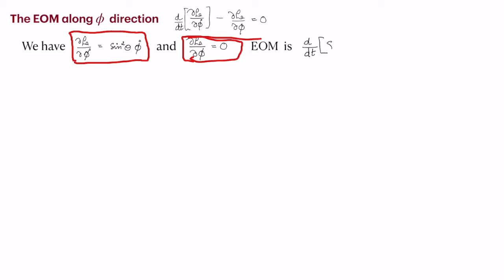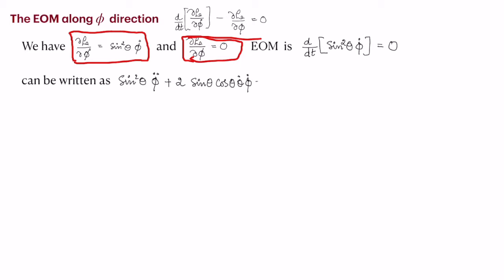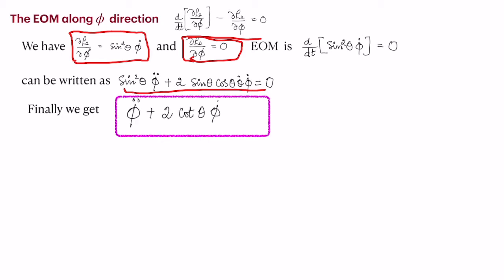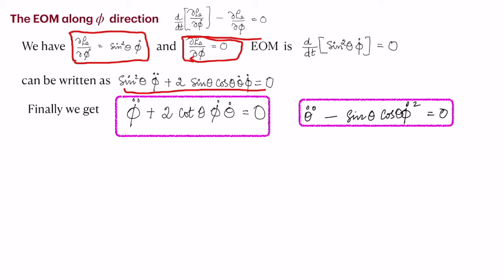So the equation of motion is d by dt of sine square theta phi dot is equal to 0, which we can write as a second order differential equation by expanding this differentiation. Eventually we get sine square theta phi double dot plus 2 sine theta cos theta theta dot phi dot, which we rewrite as phi double dot plus 2 cot theta theta dot phi dot. Now we have two equations of motion.